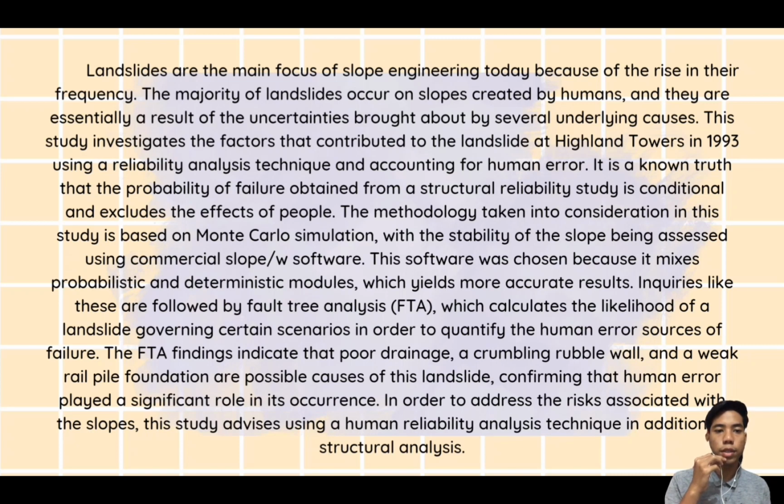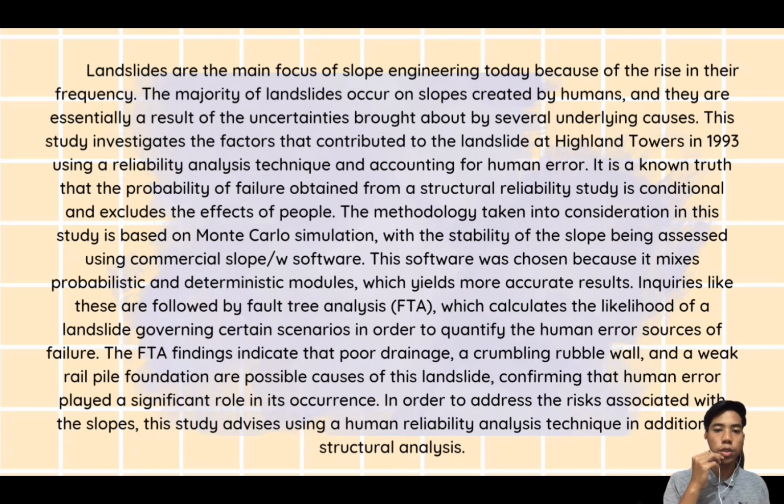These analyses are followed by fault tree analysis (FTA), which calculates the likelihood of a landslide governing certain scenarios in order to quantify the human error sources of failure. The FTA findings indicate that poor drainage, a crumbling rubble wall, and a weak rail pile foundation are possible causes of this landslide, confirming that human error plays a significant role in its occurrence.